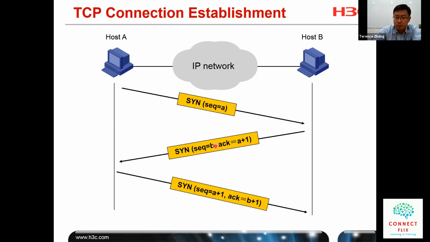Always the peer's sequence plus 1. And for the sequence, it's my sequence. It's always my last sequence plus 1. So this is A plus 1. This is A, my sequence plus 1 here. ACK confirms yours, so it's your sequence plus 1. Right? This is how we build a connection on TCP.